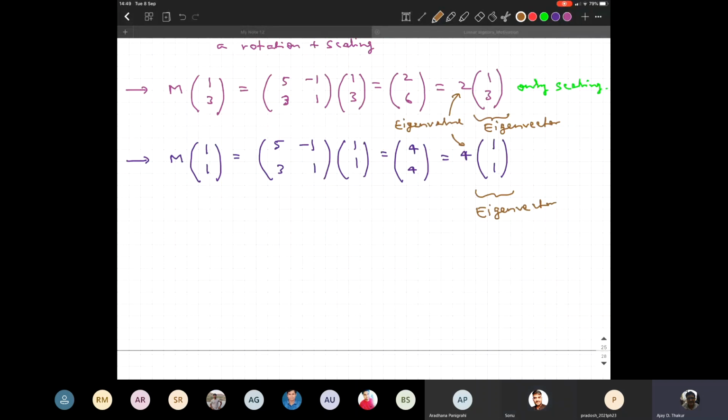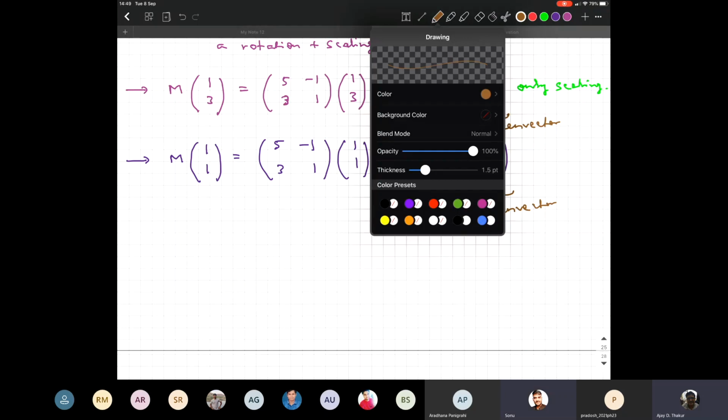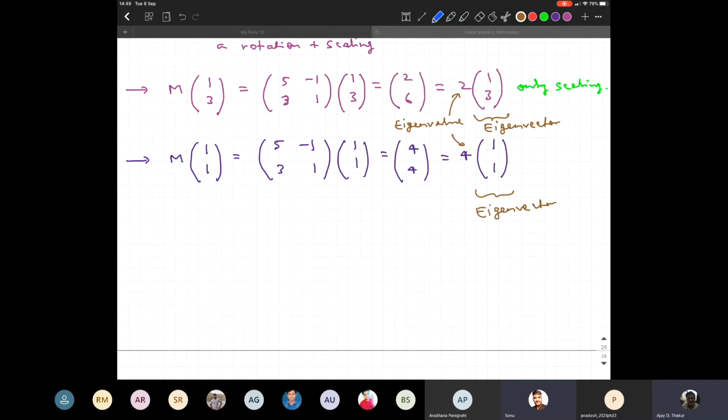For this matrix, we have earlier seen a recipe for obtaining eigenvectors. So let's see. If lambda is an eigenvalue, we know that the determinant of M minus lambda identity is equal to 0.